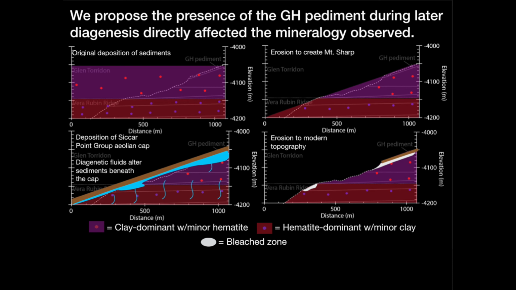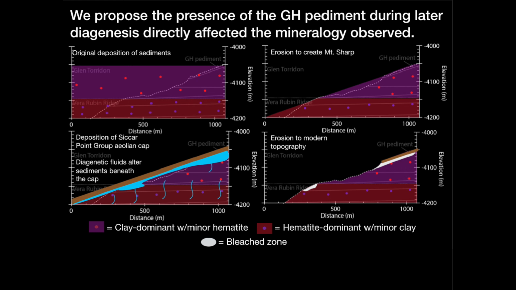Starting in the top left, you have the original deposition of sediments. In panel 2 on the top right, erosion occurred to create Mount Sharp, so we get this near-modern topography. In panel 3 on the bottom left, there's the deposition of the Stimson aeolian cap, and diagenetic fluid alters sediments beneath the cap.